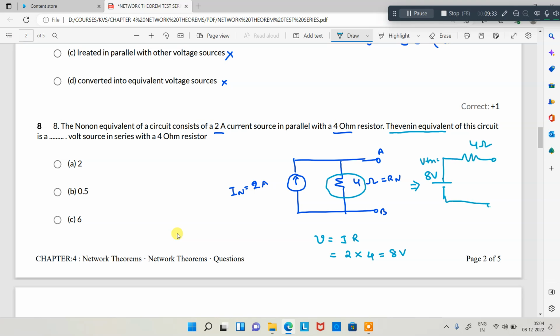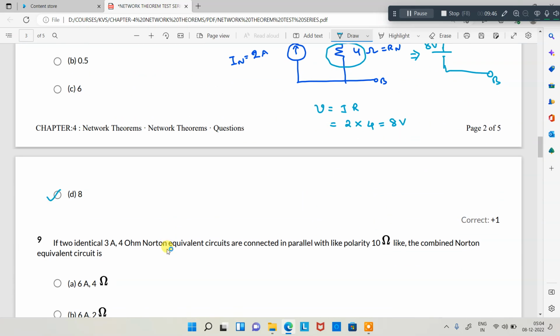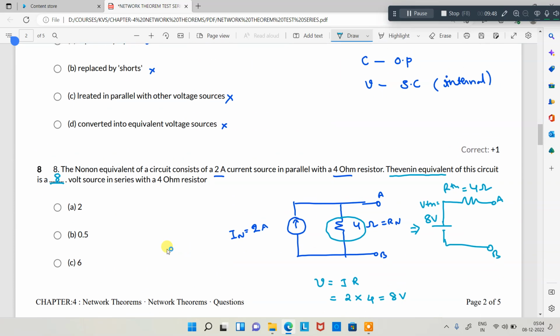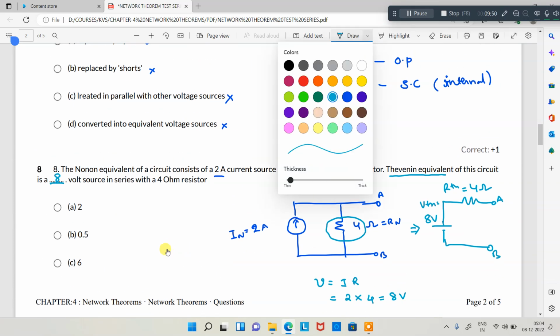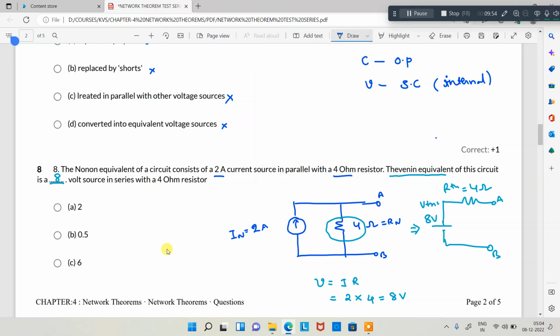Okay, this is a Thevenin's equivalent circuit diagram. This is the RTH. So what they are asking, what is the voltage here? 8 volt. So look at here, option D. Option D, 8 volt. Right.